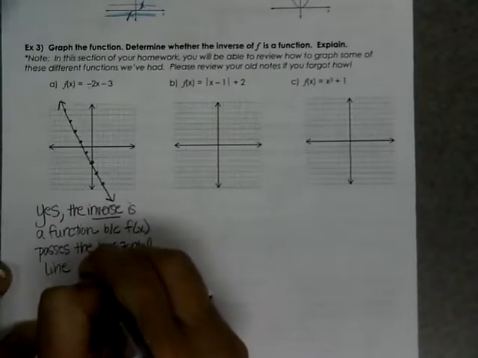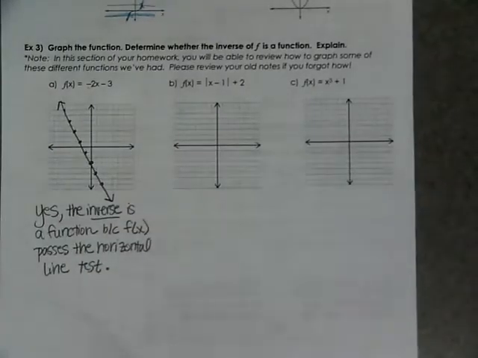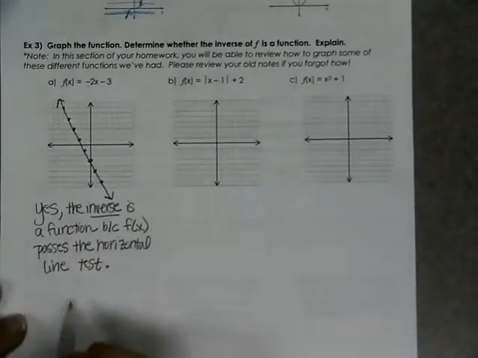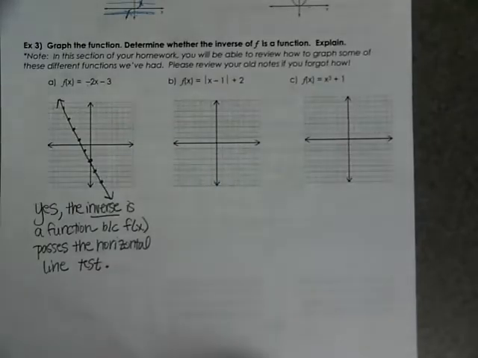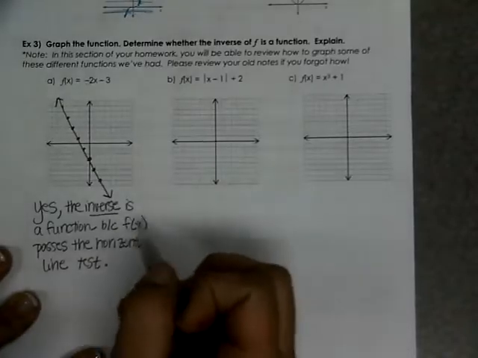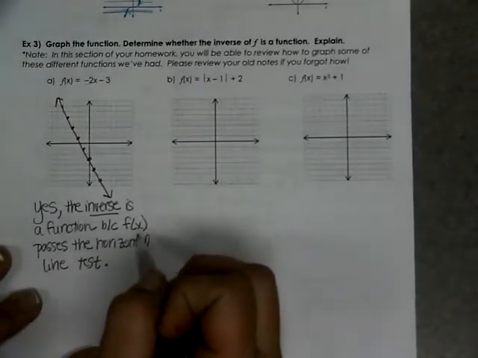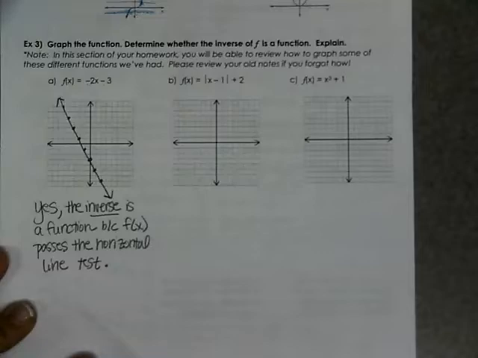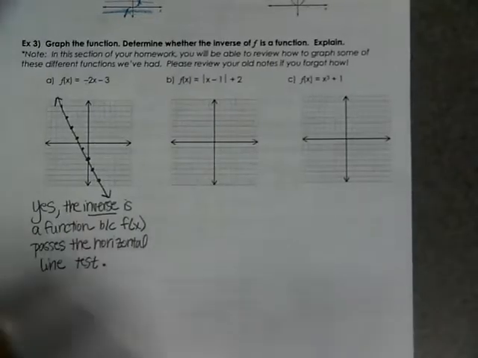Yes, I want you to write this whole sentence, okay? Notice there was no "it" in this sentence at all. We have to be very specific. The inverse is a function because f of x, the original function, passes the horizontal line test. Okay? Let's try letter B.